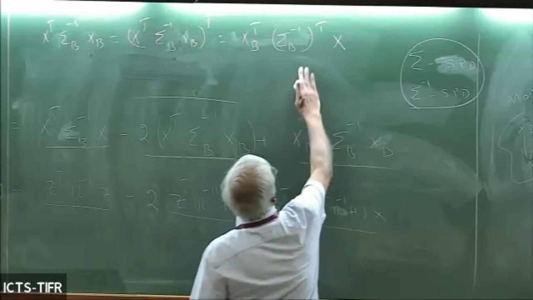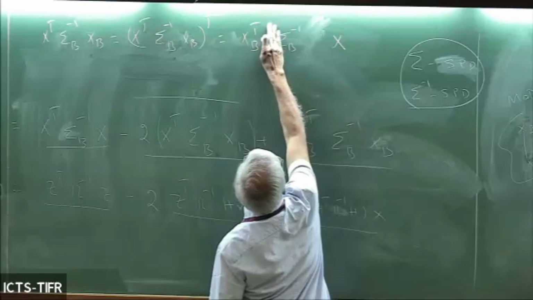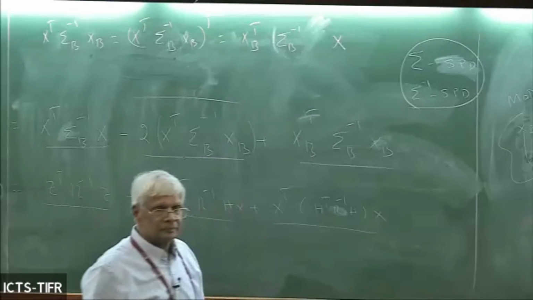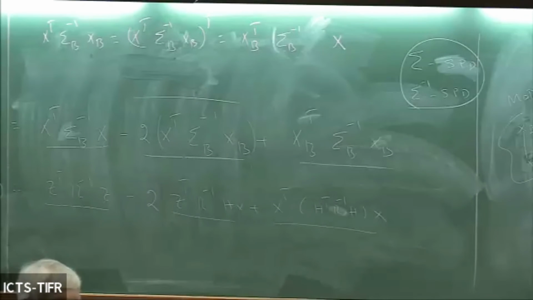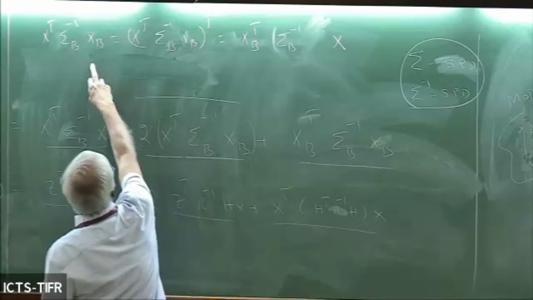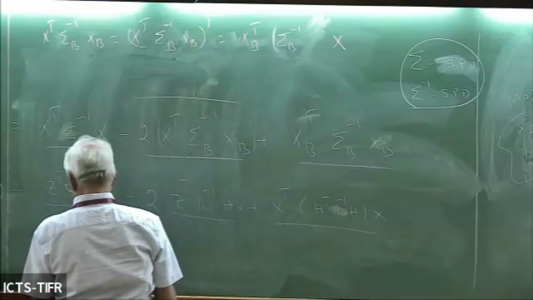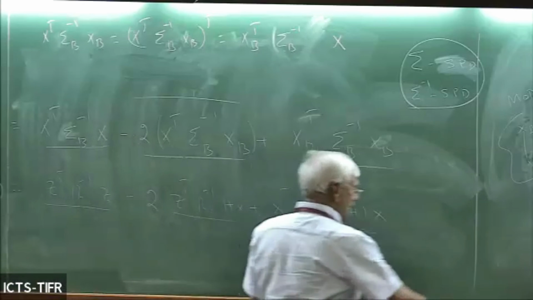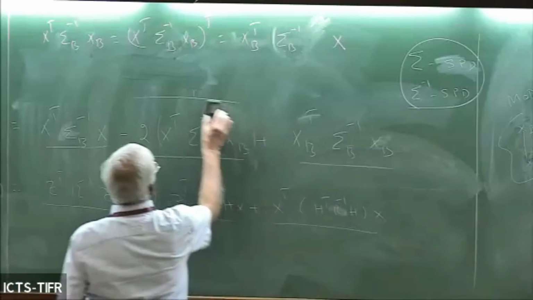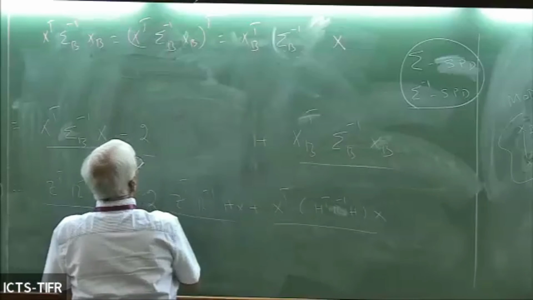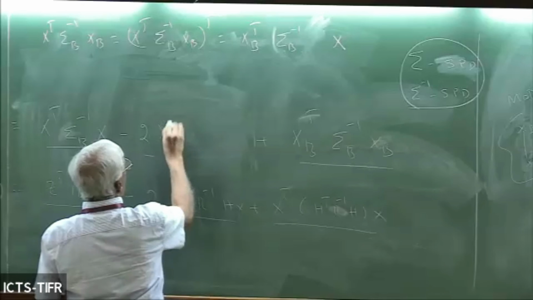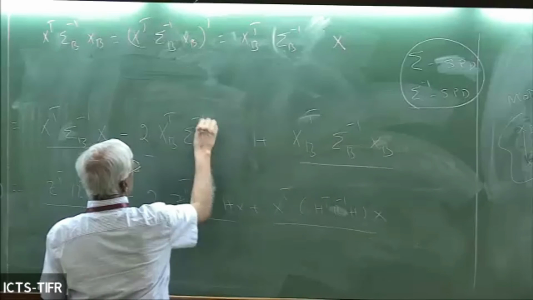Therefore, are you with me? Therefore, this term is equal to this term. So I should be able to rewrite this, without loss of generality, as xb transpose sigma b inverse x.